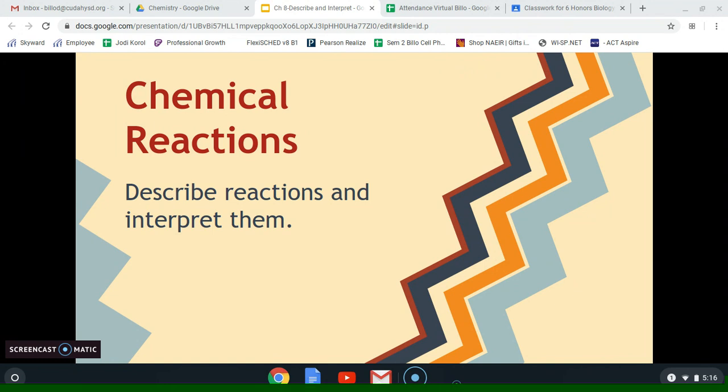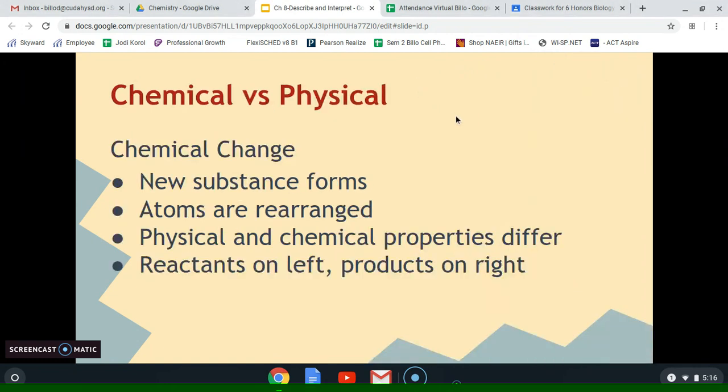Okay. Now, when we're talking about chemical reactions, the first thing to note here is that we're going to be looking for a chemical change. So we're looking for evidence of that. One of the things that I'm going to have you review is how do you recognize whether or not a chemical reaction is actually occurring versus this is just a physical change.